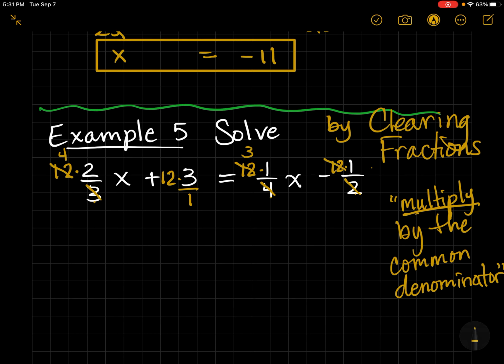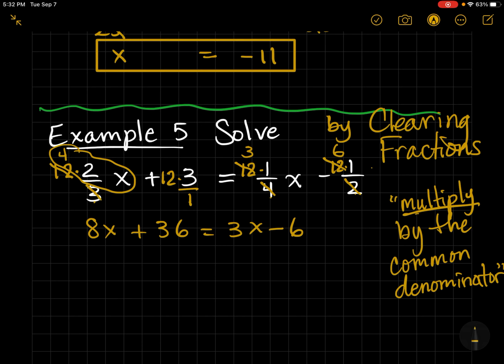And 2 goes into 12 6 times. I didn't have to do anything with that 1. But watch how lovely this equation becomes. 8x plus 36 equals 3x minus 6. All I did is look at everything that's left and multiply together if needed.